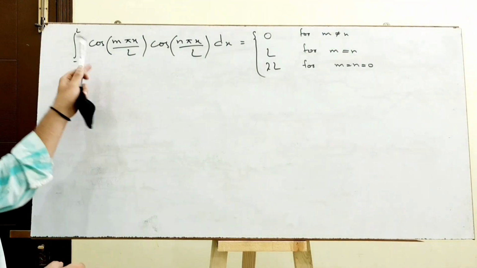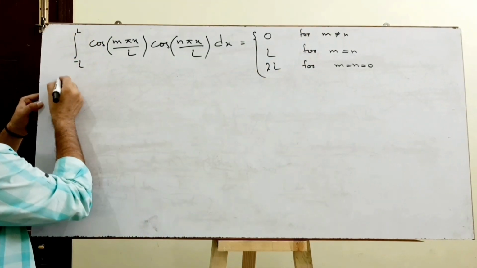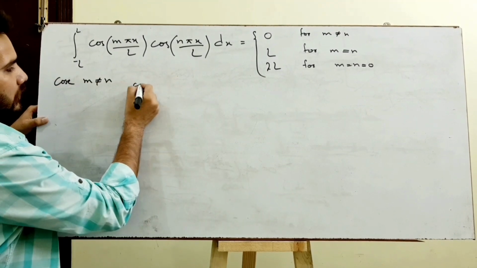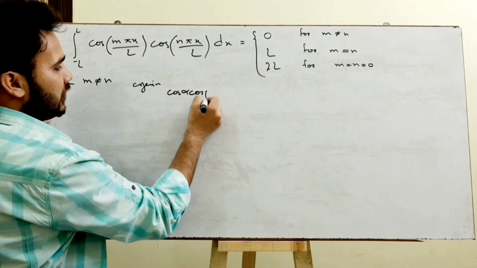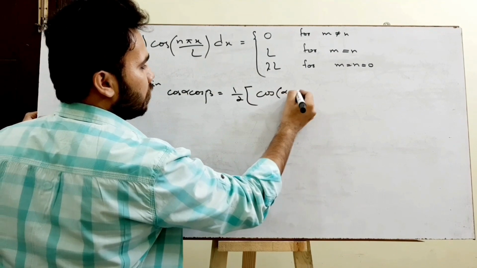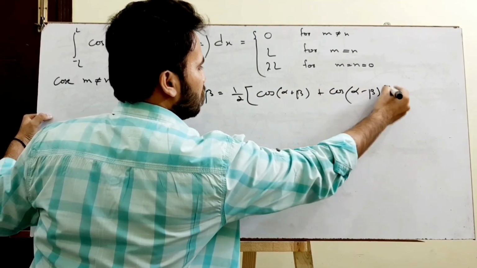The second result is this integral, guys. First of all, case number 1, where m is not equal to n. Again using the trig identity, cosine alpha cosine beta equals half [cosine(alpha plus beta) plus cosine(alpha minus beta)].